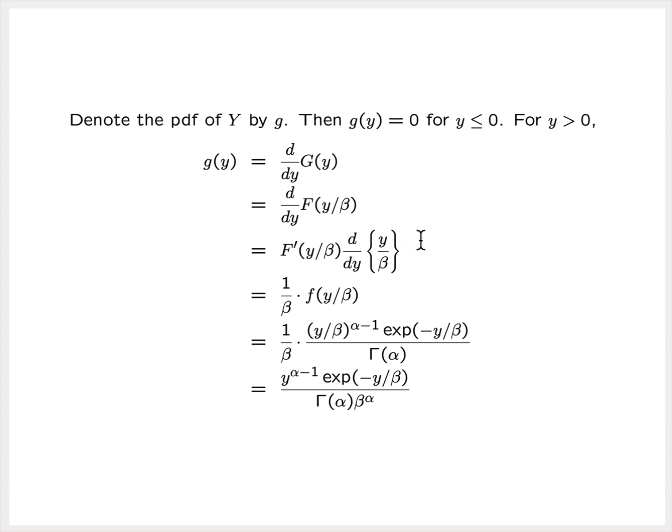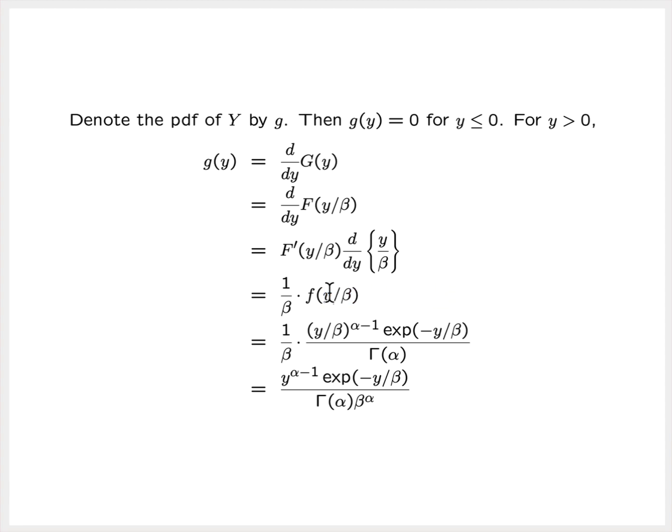And clearly the derivative of y over beta with respect to y is just 1 over beta. And so I've got that out here in front. And then the derivative of the CDF of x, and so the derivative of cap F, is just the little f, the PDF of the random variable x, and it's evaluated at y over beta.